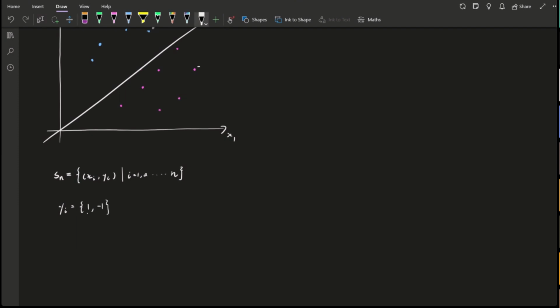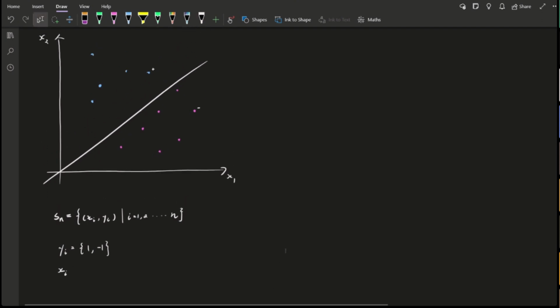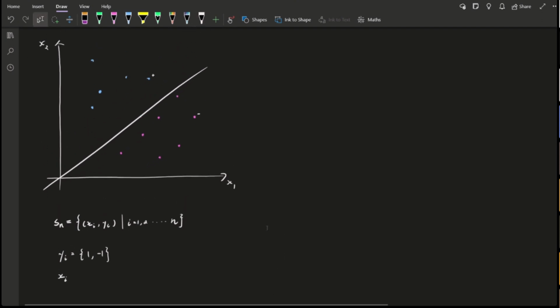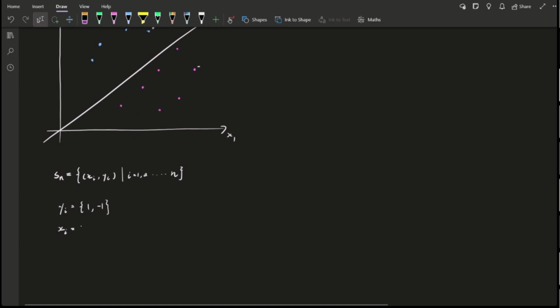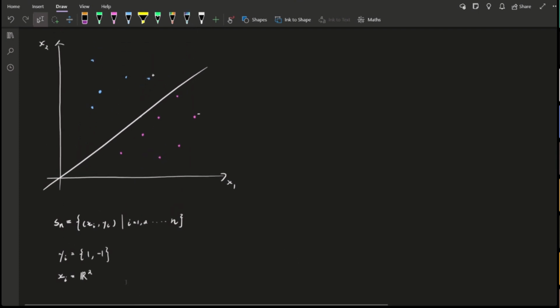You can interpret 1 as one class and negative 1 as another class, or 1 as one class and negative 1 as just not that class. And the xi will be slightly different as well. Because we're plotting on a 2D plane, our xi is actually two-dimensional, but in general, xi will be any-dimensional. So actually the notation here should be this, and it should be this.